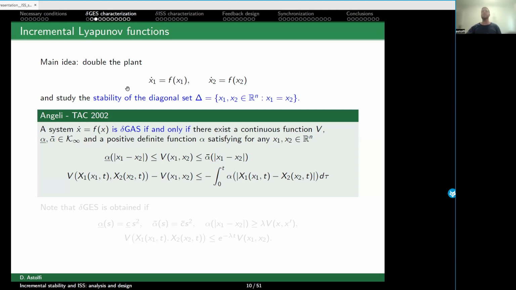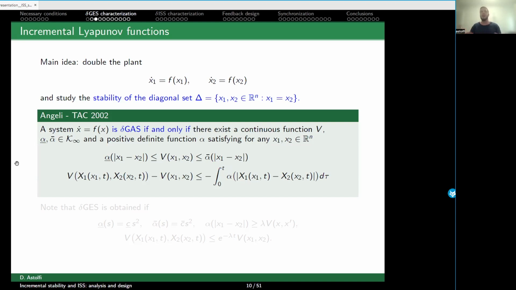Now, the incremental Lyapunov function is in general just continuous, and it satisfies two typical bounds. First of all, the typical sandwich inequality: this Lyapunov function V is upper and lower bounded by the norm of x1 minus x2 through some class K infinity functions, underline alpha and bar alpha. And the second inequality is a property of V along the solutions x1 and x2 of the dynamical system.